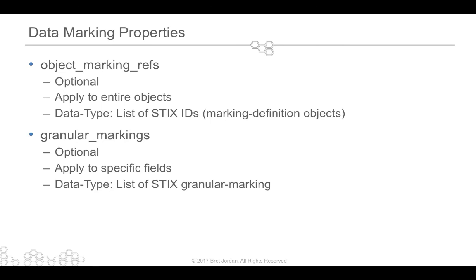The data type for this property is a list of STIX IDs that point specifically and only to STIX marking definition objects. Granular markings is like object markings, however they apply to specific fields. The data type for this property is a list of STIX granular markings. We will discuss data markings and the marking definition object in more detail in a later video.